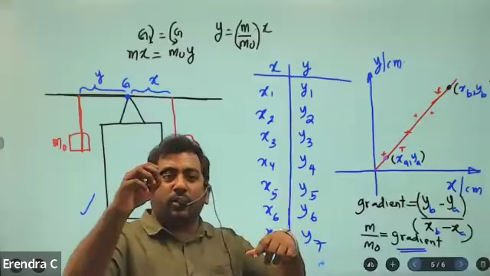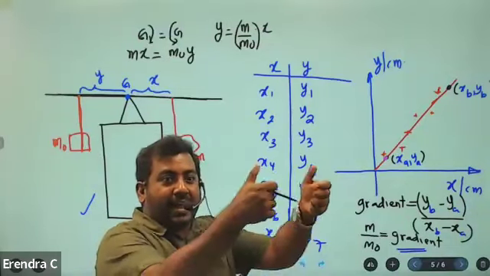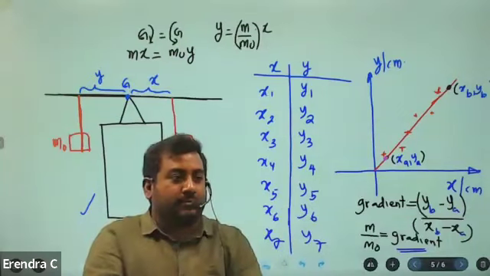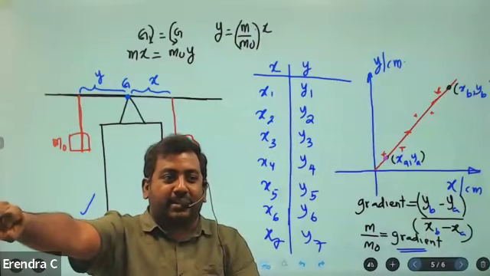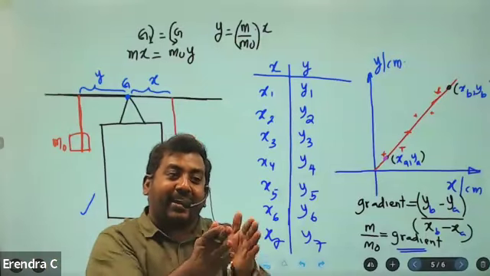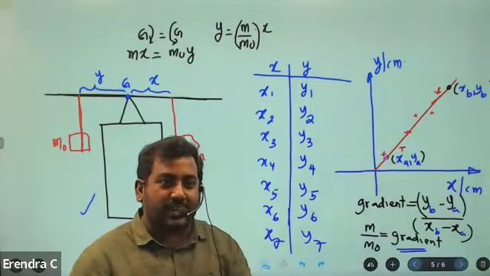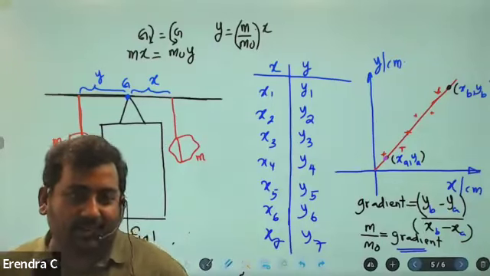Have you seen your bio teachers sometimes? On the transparent sheet, they'll quickly draw and keep it. Like that, there's a transparent sheet that they'll keep on top of your paper. The original line that is supposed to be there in the marking scheme, and your line, if it's going like this, finish. If it's almost close, then they'll give you marks, because there is a small corrected variation there.